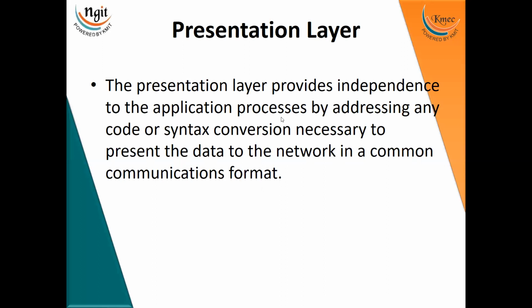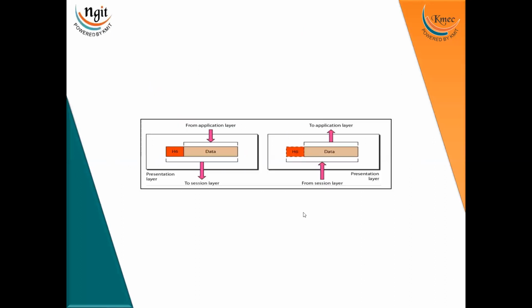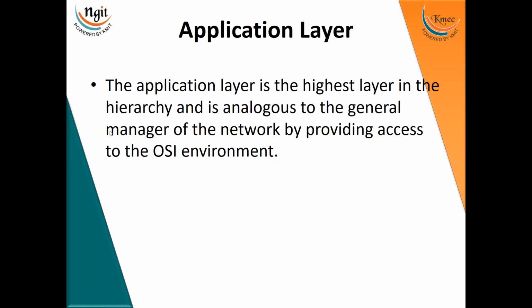And finally, we have the presentation layer and then the application layer. The presentation layer provides independence to the application processes by addressing any code or syntax conversion necessary to present the data to the network in a common communication format. Finally, we have the application layer.